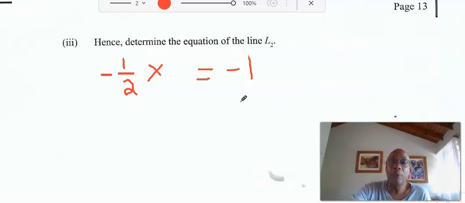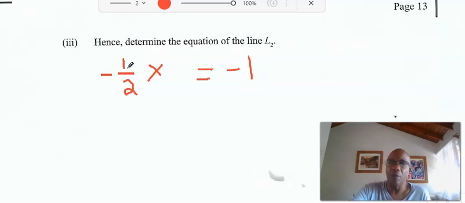But let me show you another way of getting the answer. First, the sign. We know that a negative times a positive is a negative. So this answer must be positive, a plus. We don't put a plus. Next, in order to get 1, what must you multiply 1/2 by to get 1?